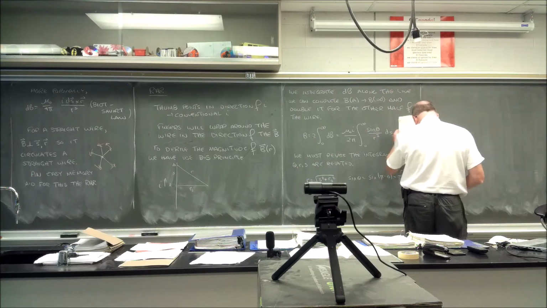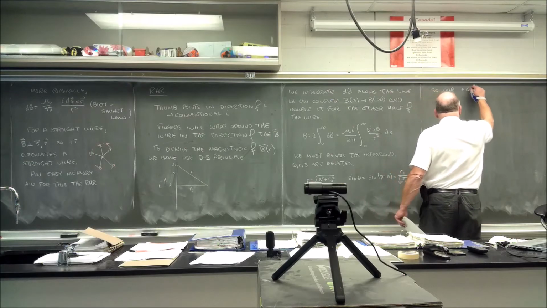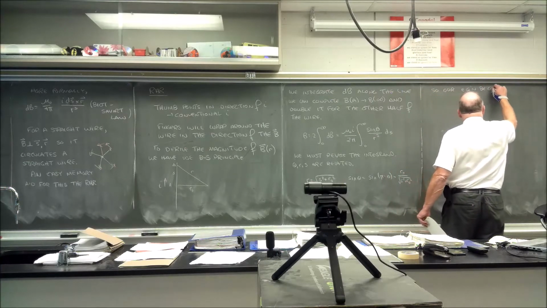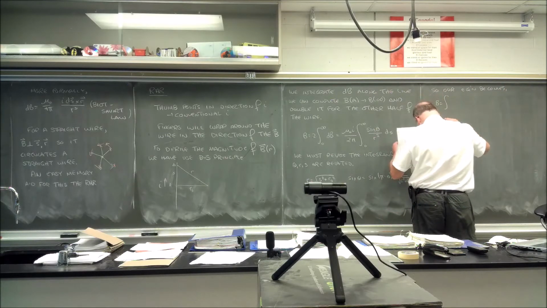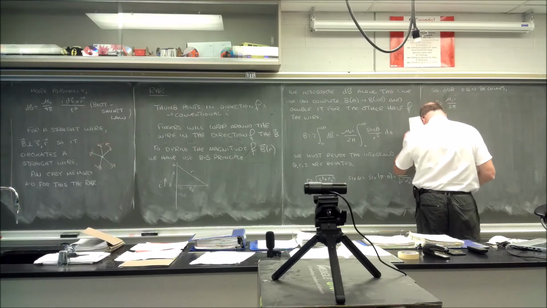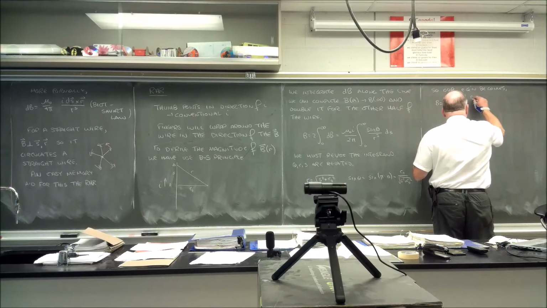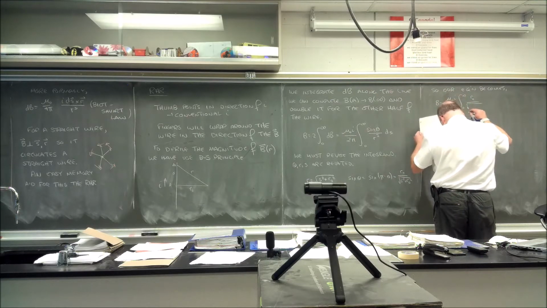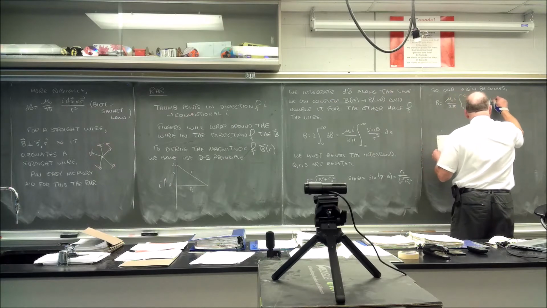So cleaning this up then, our equation becomes B is equal to the integral, mu naught I over 2 pi, integral from 0 to infinity of R naught over the square root of S squared plus R naught squared to the 3/2 power ds.